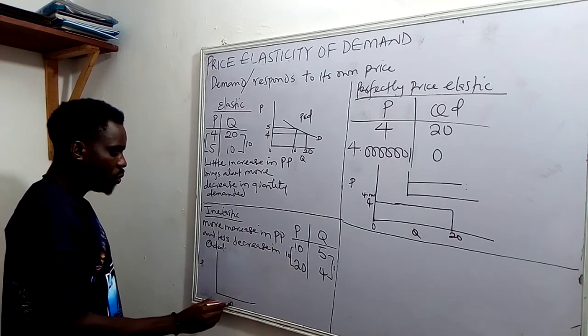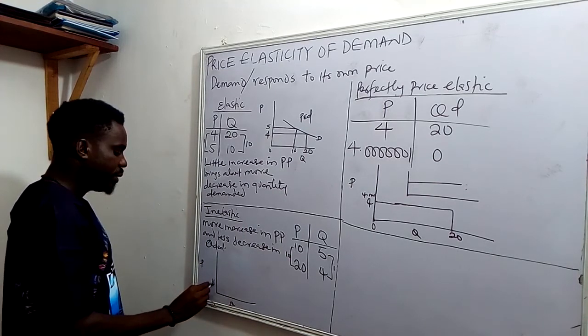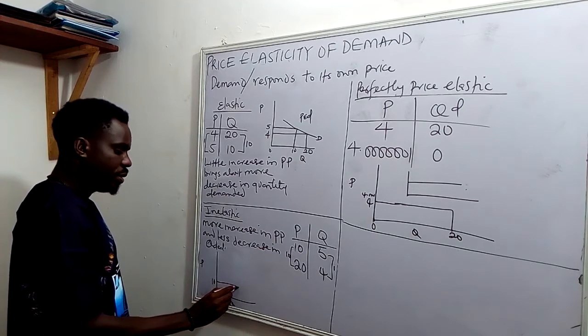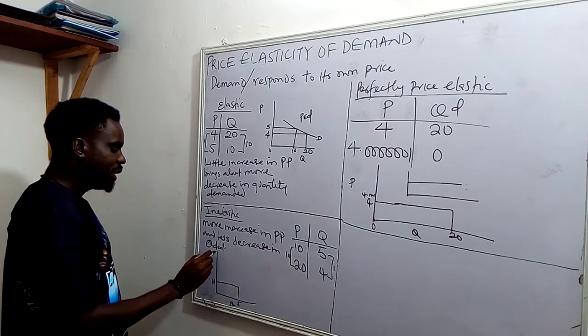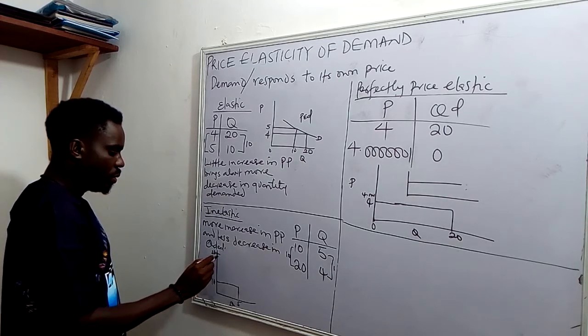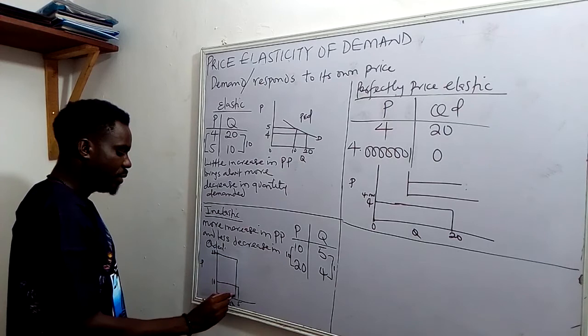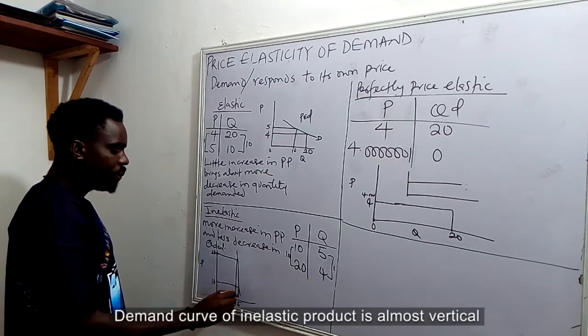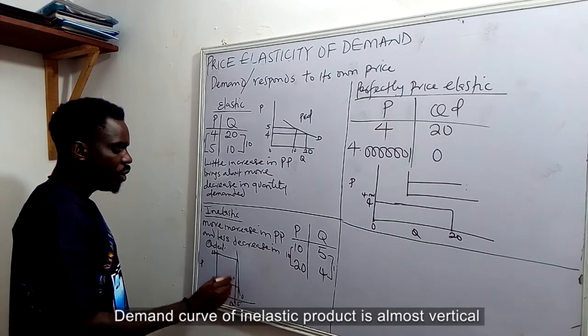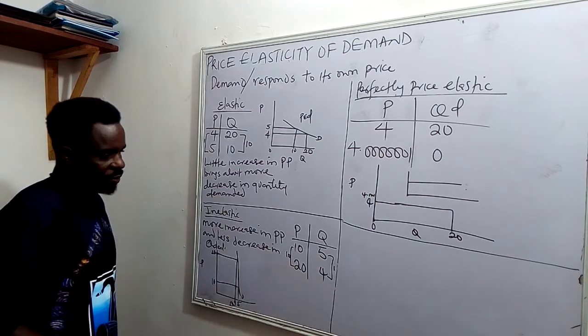Price axis, quantity axis. When price is 10, quantity is 5. And with a significant increase in price to 20, quantity is 4. So it is clear that the curve of a price inelastic product is almost vertical.